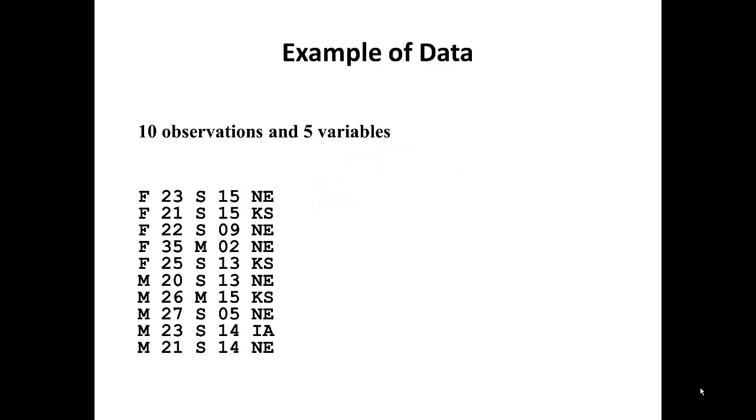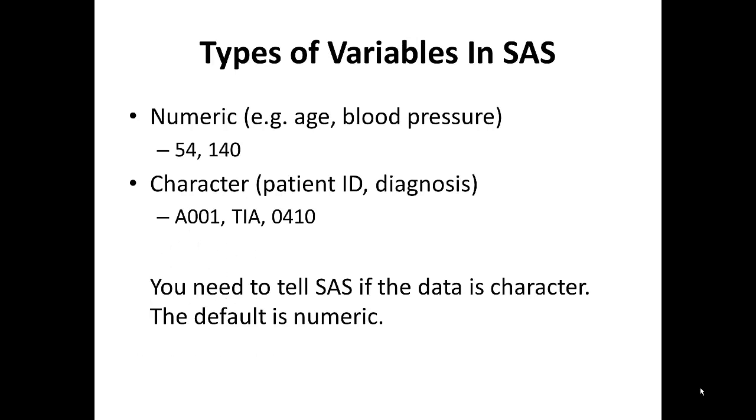It has 10 rows, or observations, and 5 columns, or variables. This is made-up data of 10 students. The variables are gender, age, marital status, number of course credits, and state of residence of each student. When we bring this data into SAS, we will assign variable names to each of the columns of data.